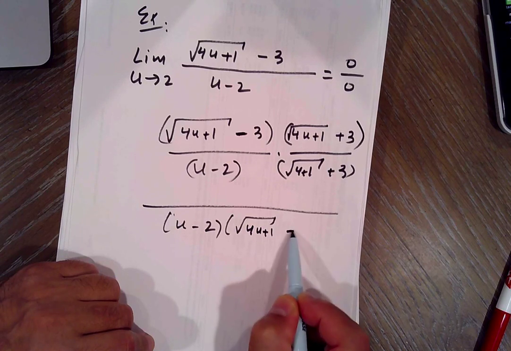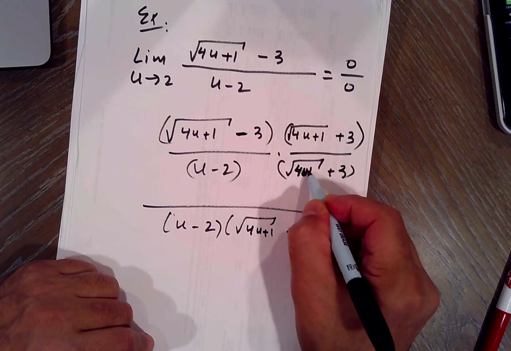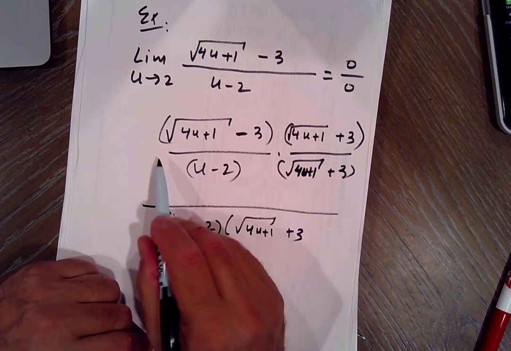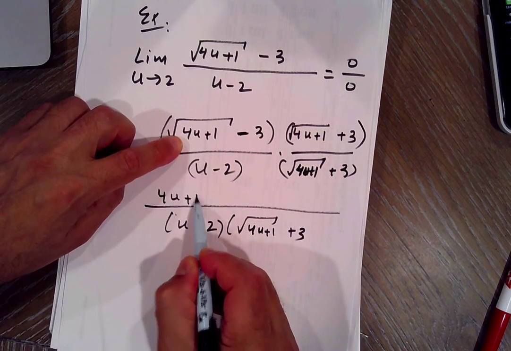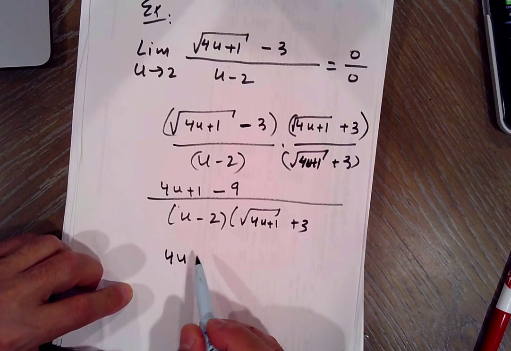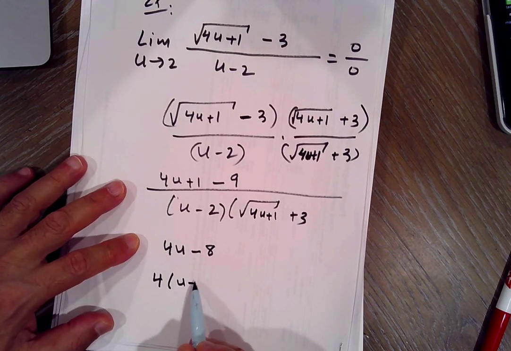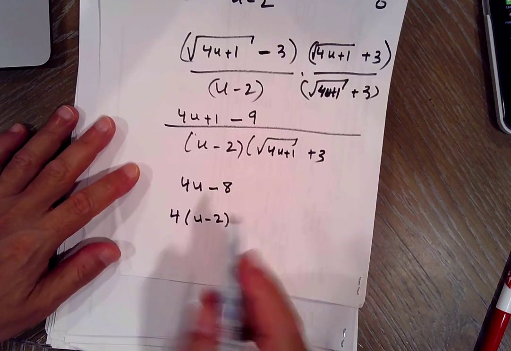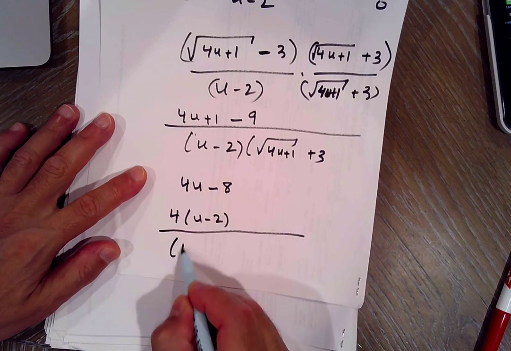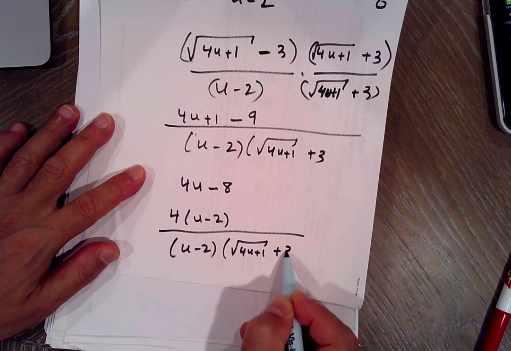If you FOIL the top, you get 4u plus 1 minus 9, so it's 4u minus 8, which is 4 times u minus 2. So that's the top. The bottom is u minus 2.